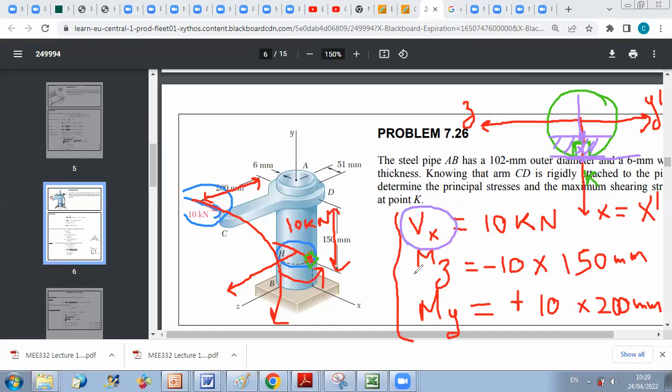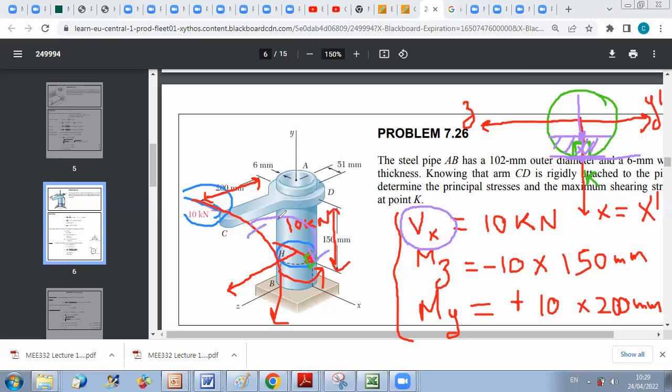Now we move to the moments, Mz and My. The moment about the z axis will produce what? If we go back to the figure and look at the moment about z, this one is a bending moment.